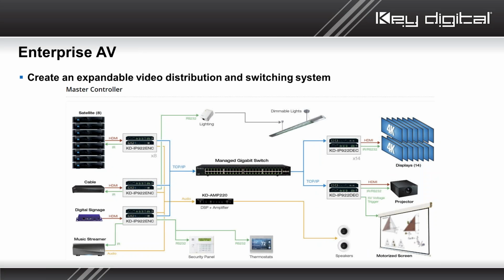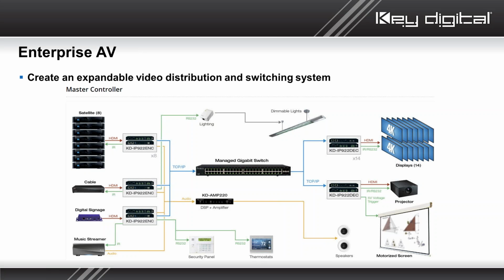And then we get into the functionality that really makes this highly desirable. You could do some amazing systems at better price points than ever before, because each IP922 encoder and IP922 decoder are also 3-port Compass control master controllers.